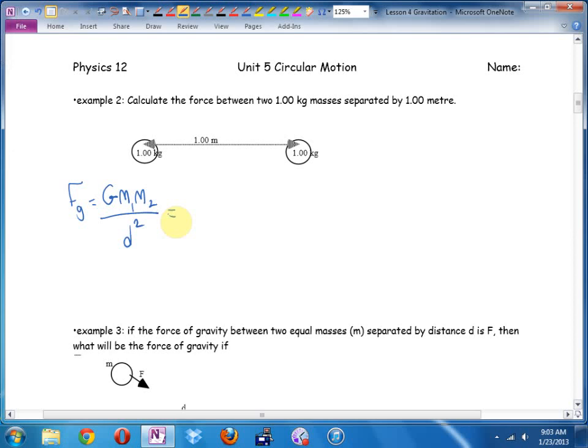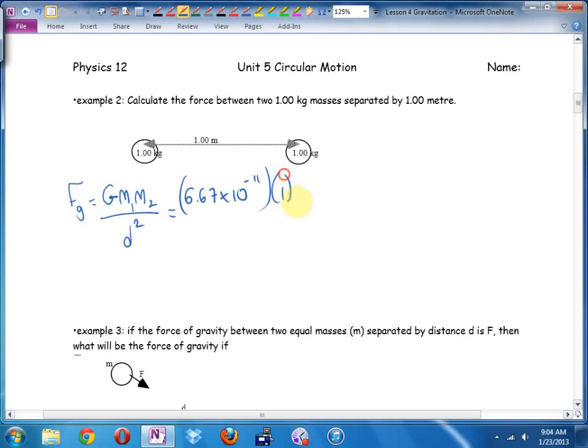It's on your formula sheet, but most of you will get tired of looking it up. You'll end up just memorizing it. It's 6.67 times 10 to the negative 11. A few of your calculators might have that actually built in. If you see somewhere on your calculator a capital G, because some calculators do have constants built in, you can use it. Don't go hunting for it right now.